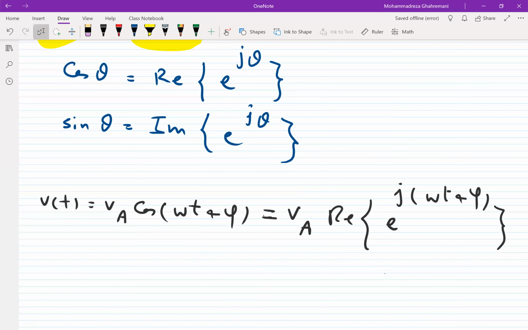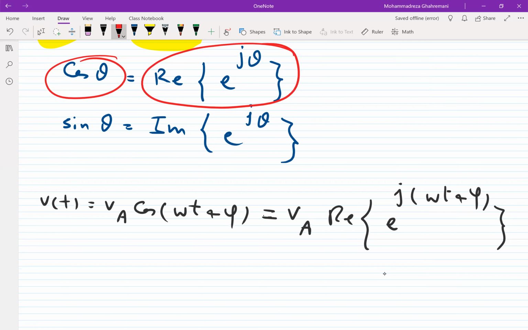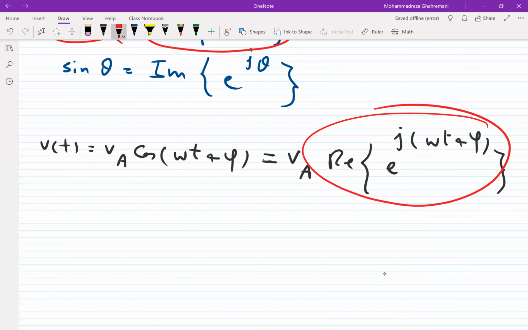Just remember that cosine of theta is equal to the real part of e to the j theta. Now, if we substitute theta with omega t plus phi, VA cosine of omega t plus phi is equal to VA times the real part of e to the power of j omega t plus phi.